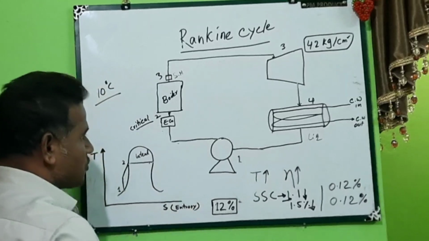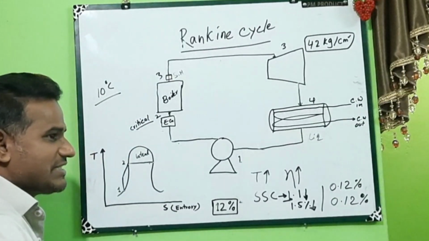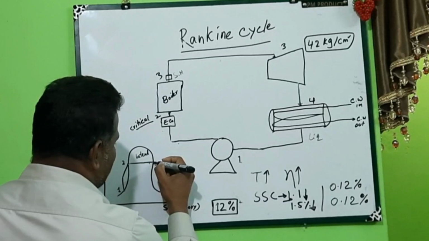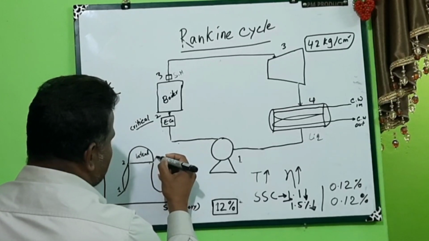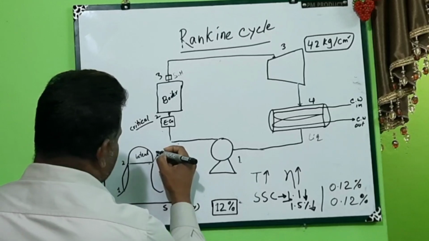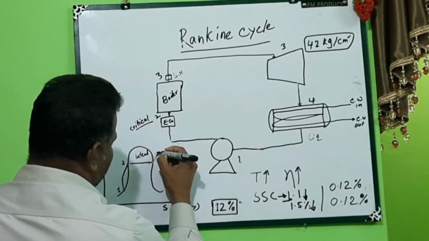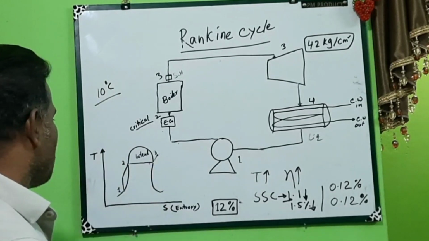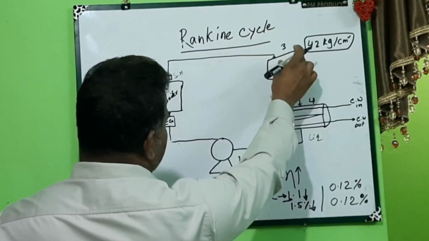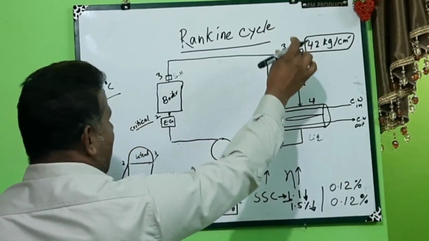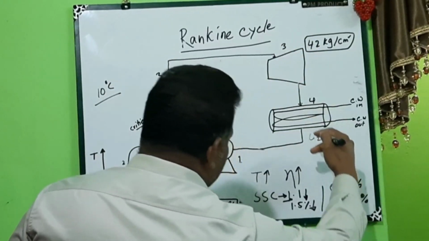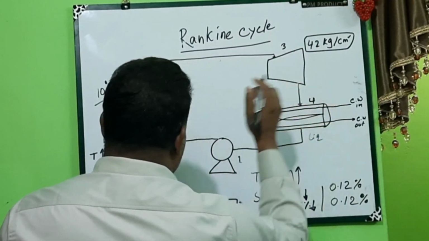Because the phase change is already complete, now the temperature will increase. After passing the superheater you think the temperature increases on this side, and this point has come, which you can call point 3. Constant pressure, high temperature steam will go to the turbine, and after passing the turbine, this steam will expand and come to the condenser.